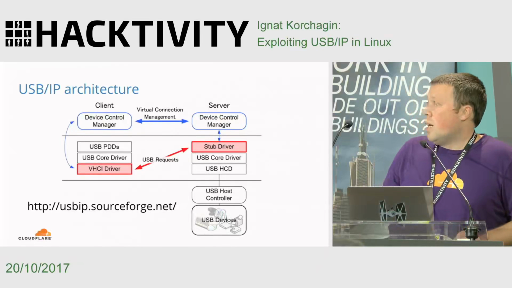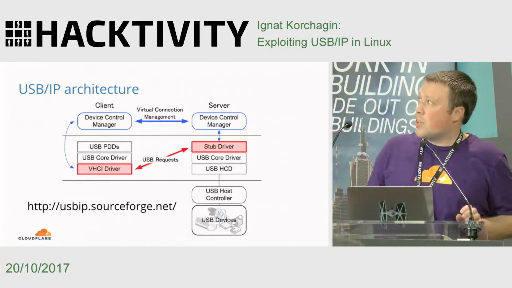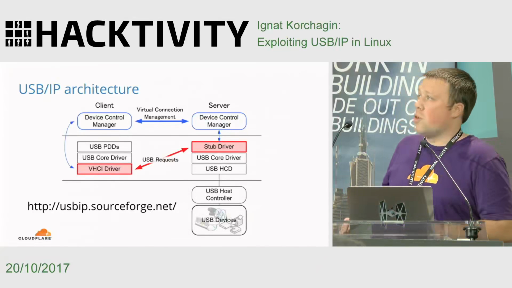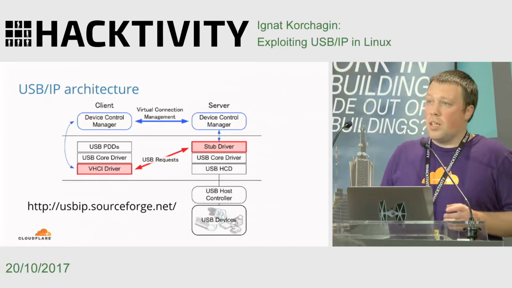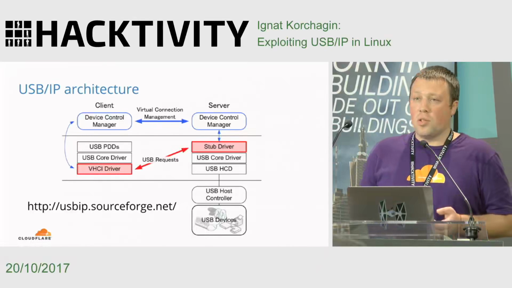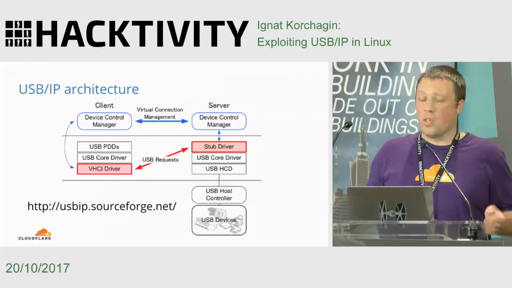Yeah. So to move further, first of all, we have to understand the terminology in this architecture. This is a typical client-server architecture. The server in USB IP terminology is the side which shares USB devices. That is, this is the side where you plug in a real device and you're supposed to share it over the network.